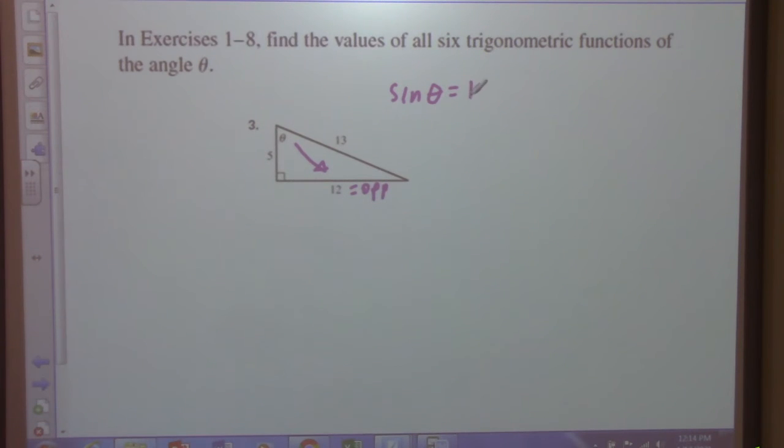So there's your sine, and so your cosecant, you said, is going to be 13 over 12. And cosine is 5 over 13.